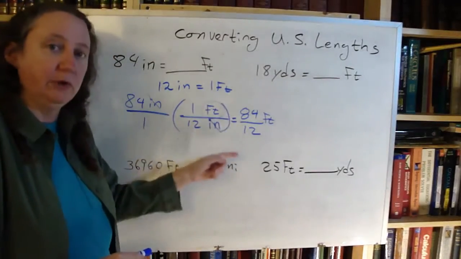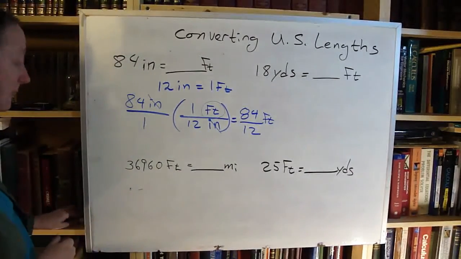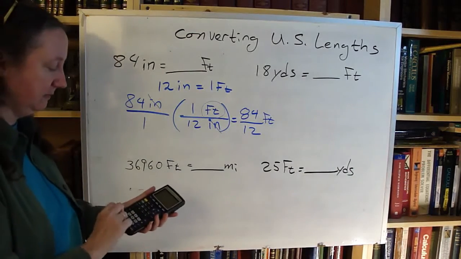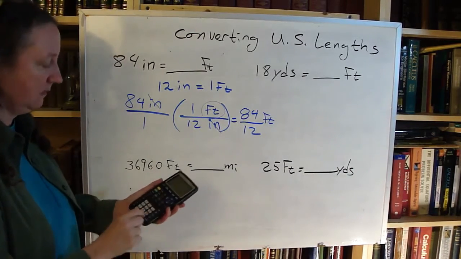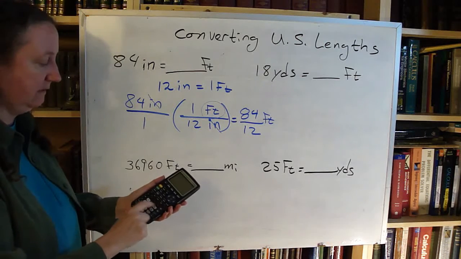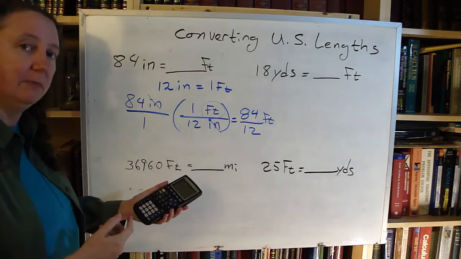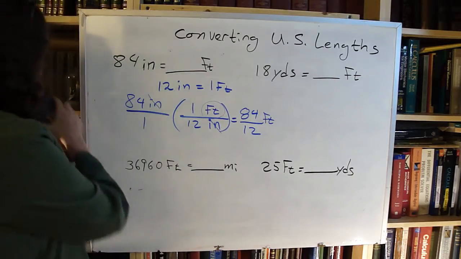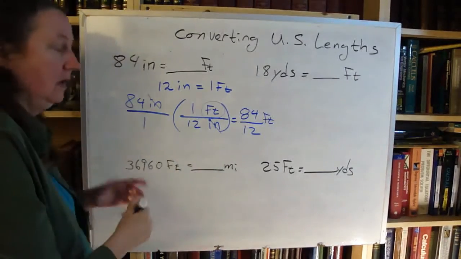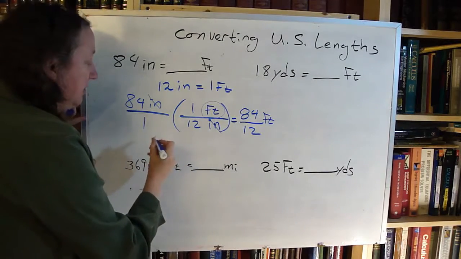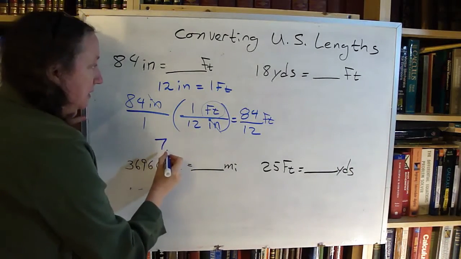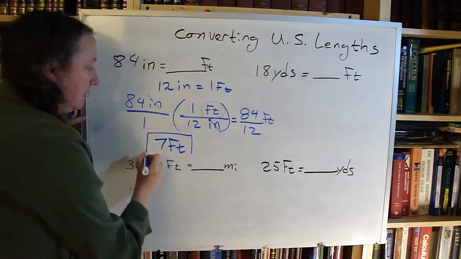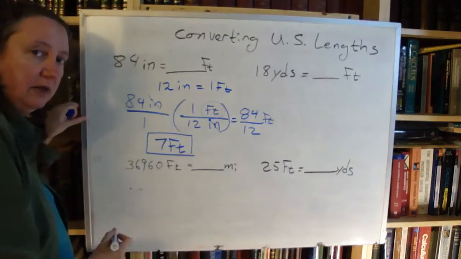Check to see if you can reduce there. I can. Grab my calculator. 84 divided by 12. Let's see if it comes out to a whole number. It's telling me 7. So fortunately, this is a whole number. And there's my answer.